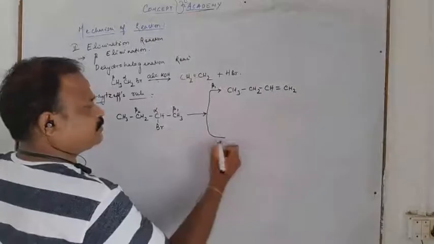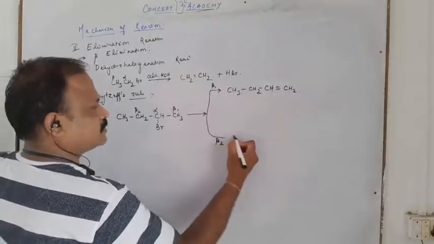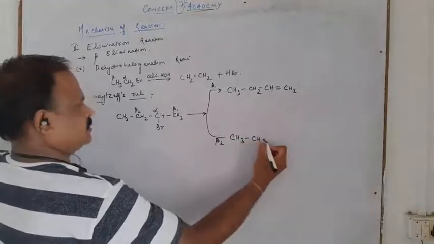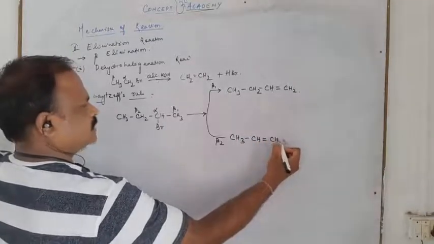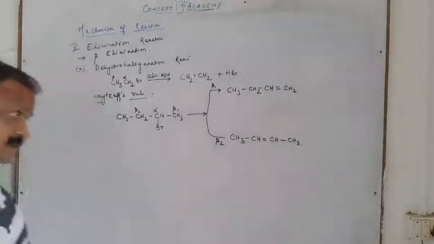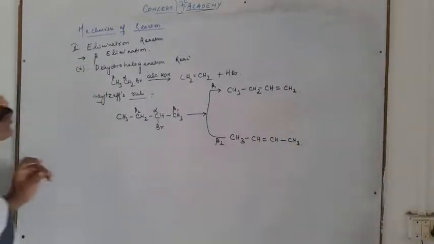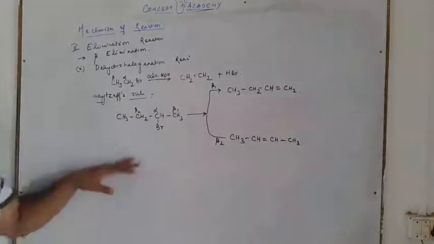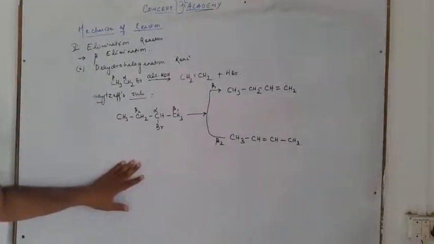Now in case of beta 2 elimination, what happens? Here CH3CH double bond CHCH3. So here two products are formed, but one must be major and another one minor.